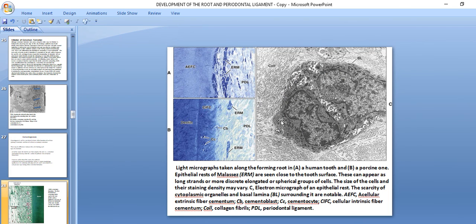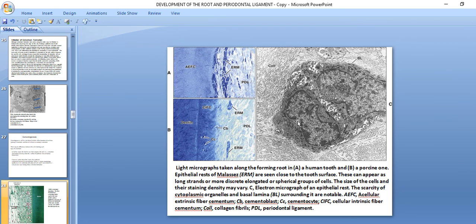Here you can see the epithelial rests of Malassez, and here some islands of these epithelial rests, and this is an electron micrograph of rests of Malassez. These are epithelial cells, and the scarcity of cytoplasmic organelles and basal lamina surrounding them are notable.